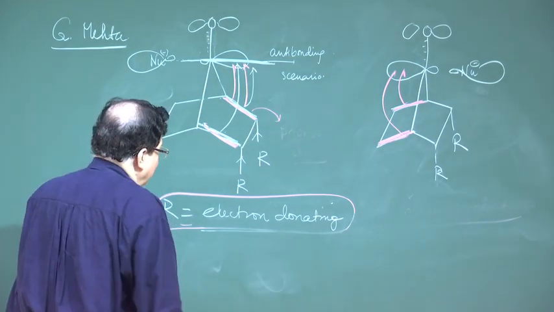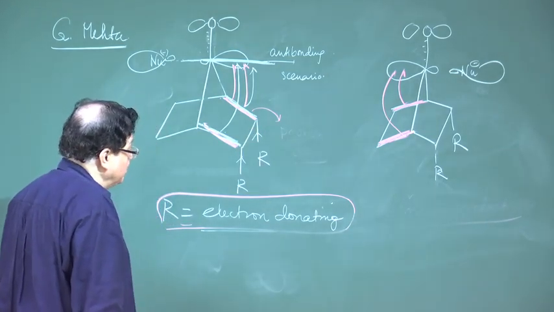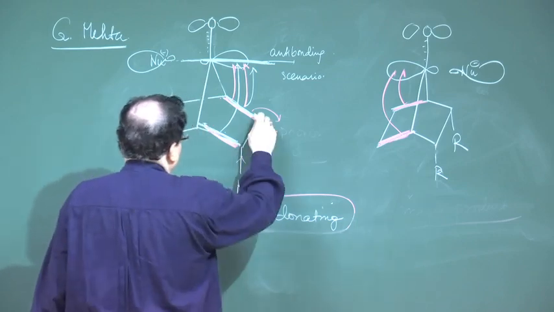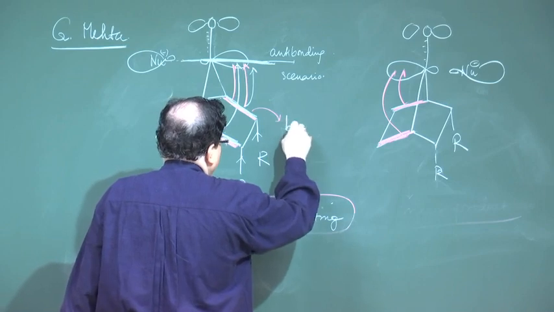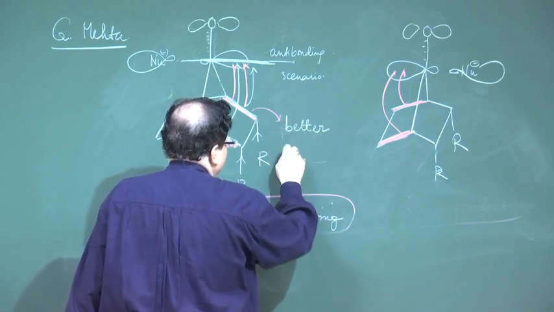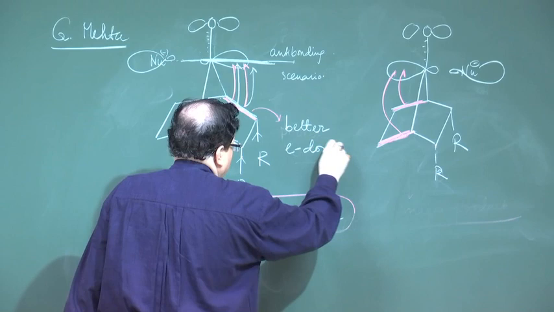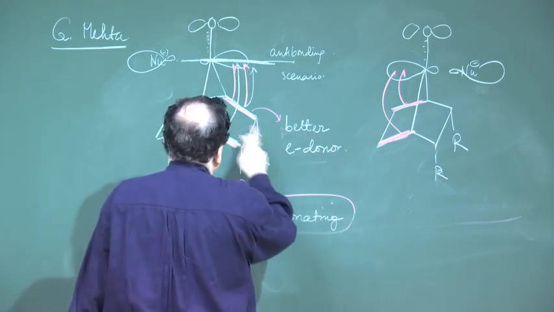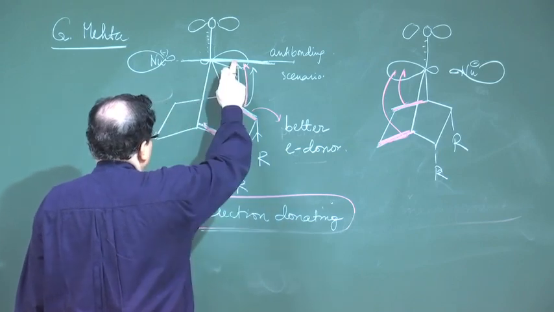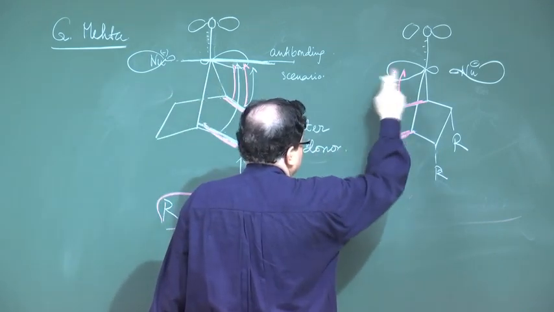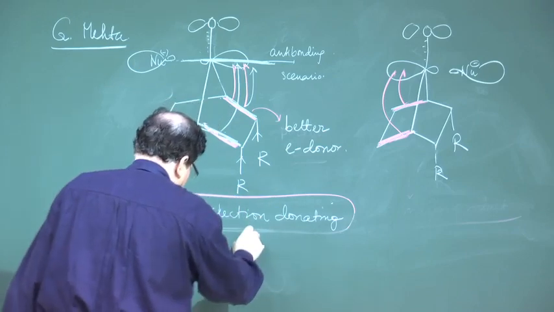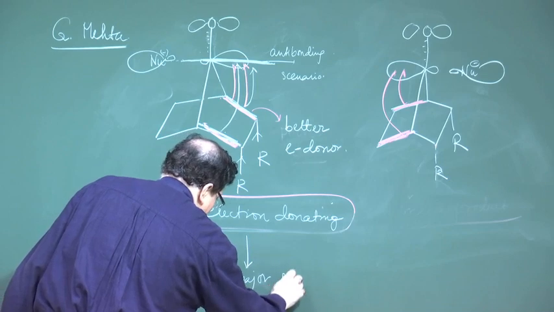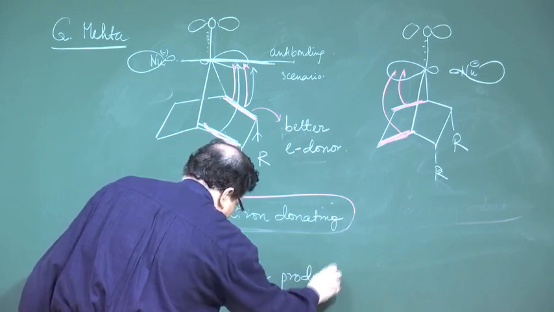Suppose these are methyl or alkyl groups, then this will be a better electron donor. So, this stabilization will be more with respect to this stabilization. So, in that case this will be the major product.